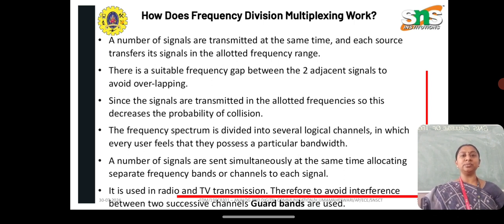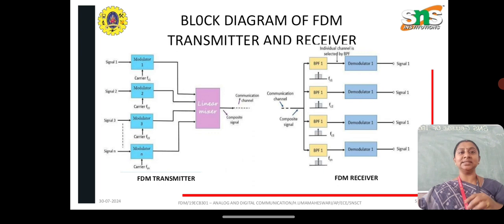The frequency spectrum is divided into several logical channels in which every user feels that they possess a particular bandwidth. A number of signals are sent simultaneously, allocating separate frequency bands or channels to each signal. It is used in radio and TV transmission. Therefore, in order to avoid interference between two successive channels, guard bands are used.